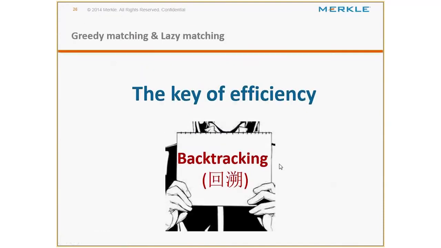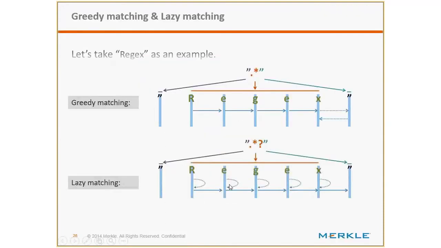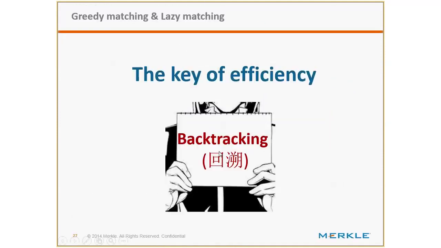So the key of efficiency is backtracking. The process of spitting out the character is called backtracking. Backtracking is the efficiency of the regular expression.